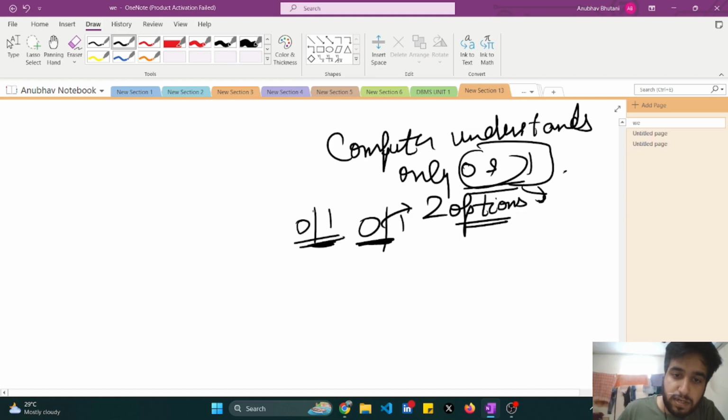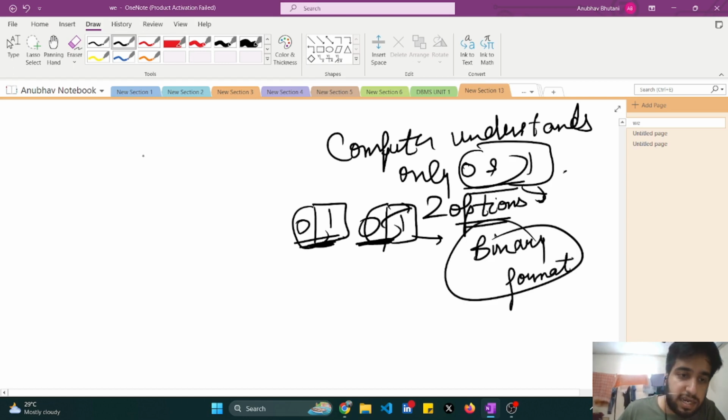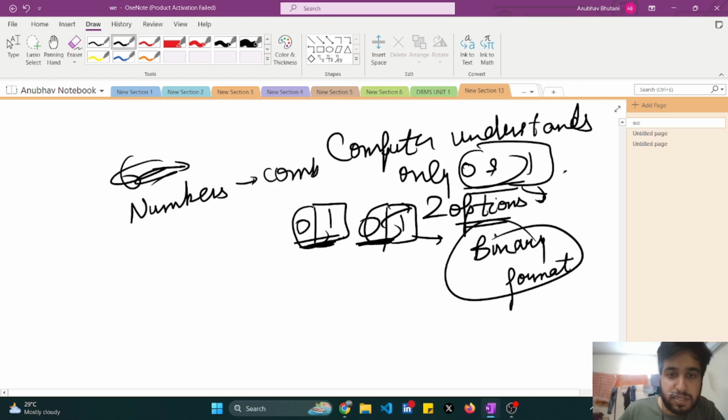This is also known as binary format, where we write our numbers as a combination of bits.